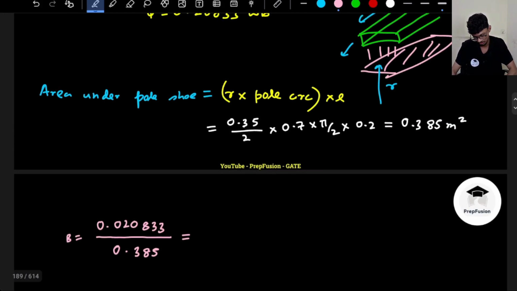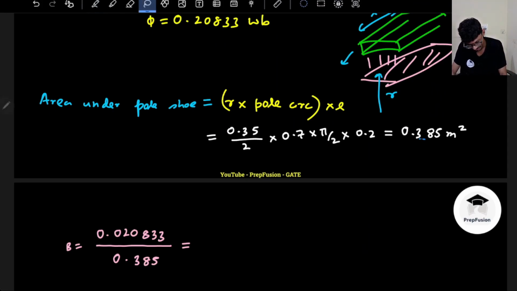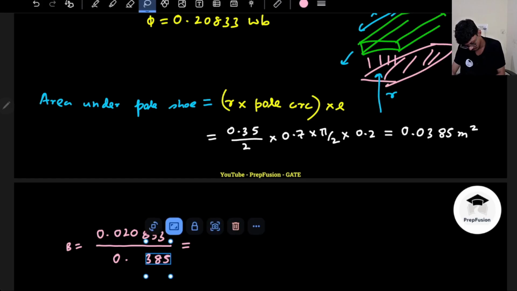Okay, maybe I have messed up something here, just hold on. 0.35 divided by 2 into 0.7 into pi divided by 2 into 0.2. Yeah, sorry, I messed up an extra 0. There should have been an extra 0 over here.